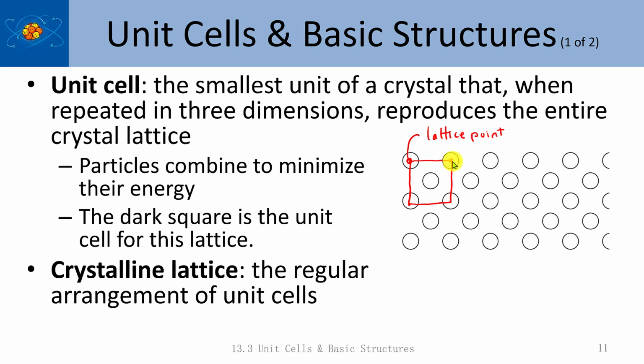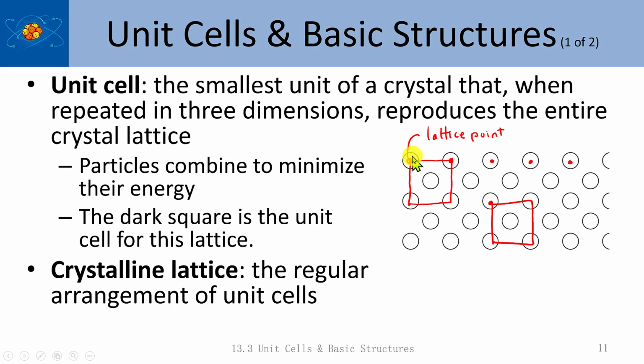So another lattice point would be here, another one here, another one here, and another one here. I would also have one down here because I could also draw a unit cell here that fits with this unit cell here. So the lattice points don't actually include all the atoms, just one point in the unit cell.